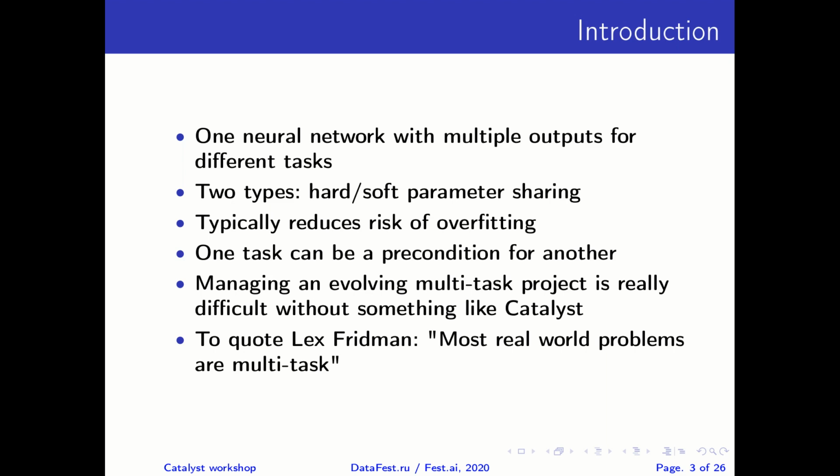And even if you're not working in an embedded environment, if you're working in a cloud environment and deploying your services there, it's still going to be cheaper to deploy one neural network for several tasks.